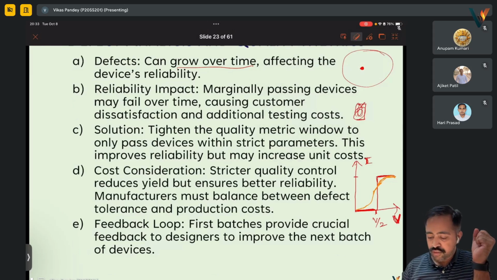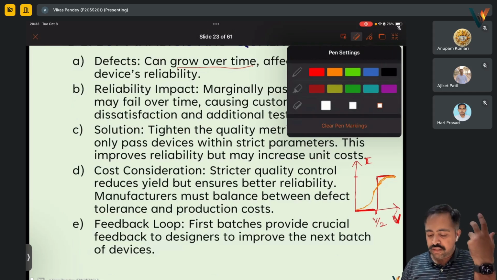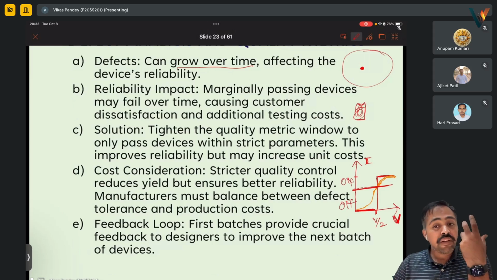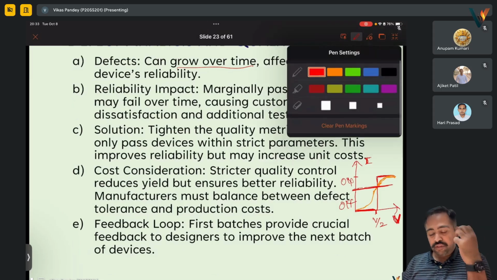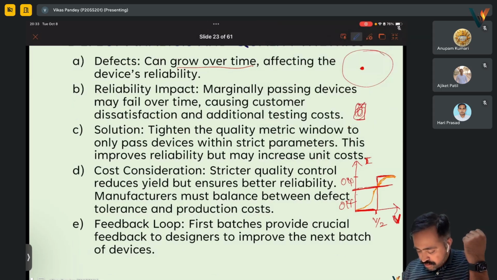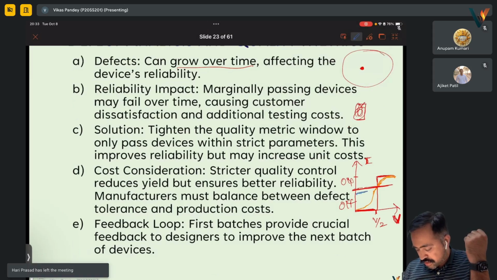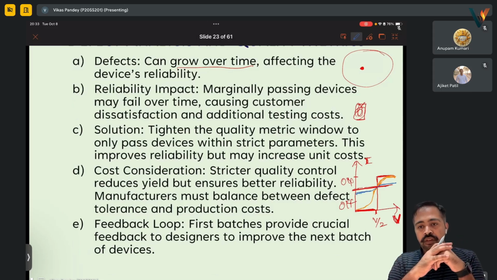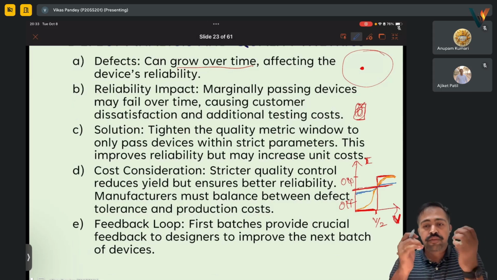Okay. So what we will consider is that whatever current above this is on, and below this is off. But if while fabricating we found a device which has a characteristic like this, and then like this, very near the threshold where we are defining the on and off, this has marginally passed.